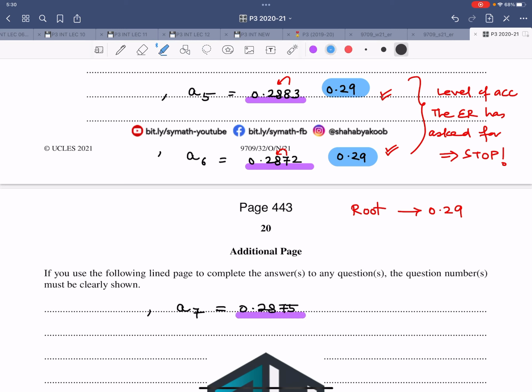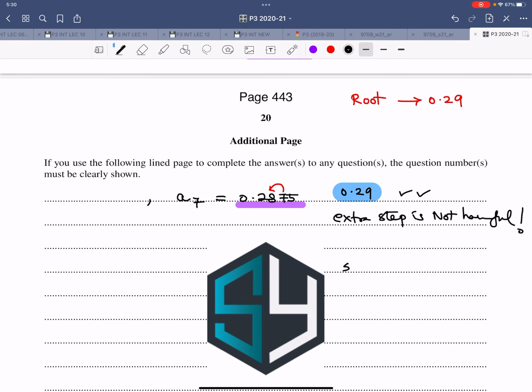But when we round it, this 7 will change this 0.28 and my final answer is 0.29. So an extra step is not harmful. It won't alter your calculation, because the whole reason of successful iteration is that your input value and your output value become exactly the same.